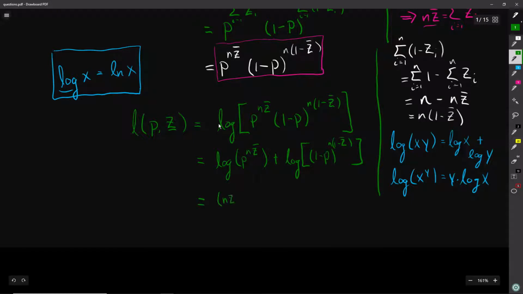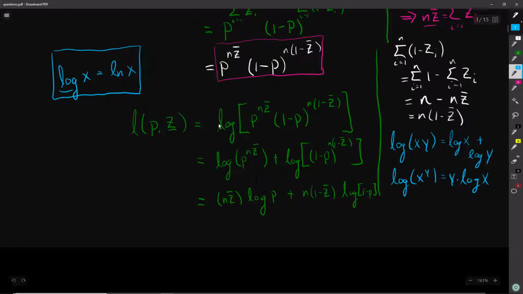So that's nz bar log p plus n times 1 minus z bar log of 1 minus p. Okay? And now this is our log likelihood, and it's written quite simply. And so the next step is going to be differentiate and set that equal to 0.